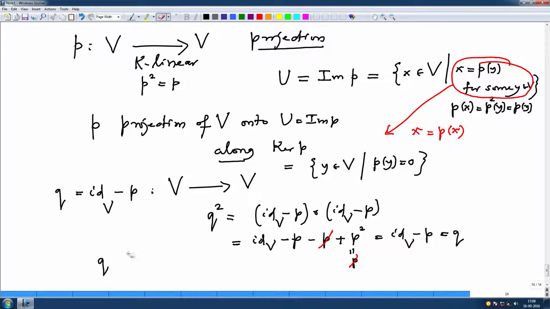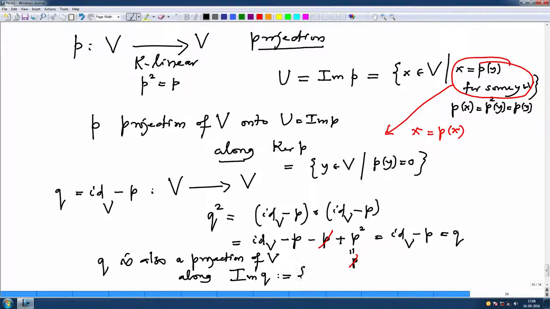Q is also a projection of V, and along whom? Along the image. So, I have to find image of Q. What is image of Q? Let us find that.